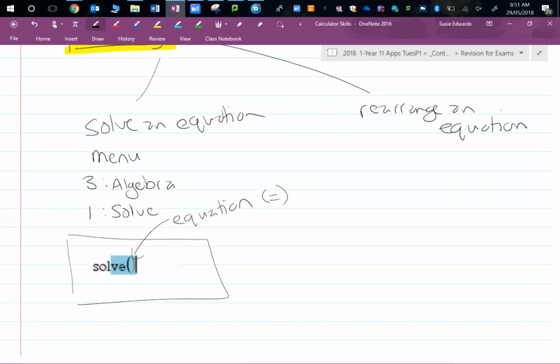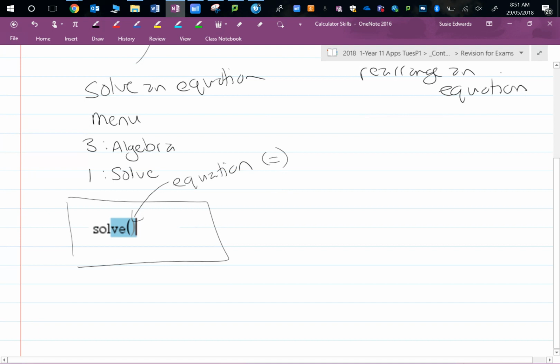If you're actually trying to solve for a number, it must only have one pronumeral. So it must have an equal sign, and it must have one pronumeral.